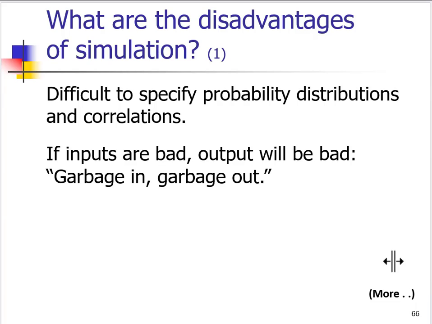But the challenge is, first of all, it's very difficult to specify probability distributions and correlations. One of the things that we may find, and this is very true, especially with things like prices, is that prices do not typically move in a normal distribution, right?